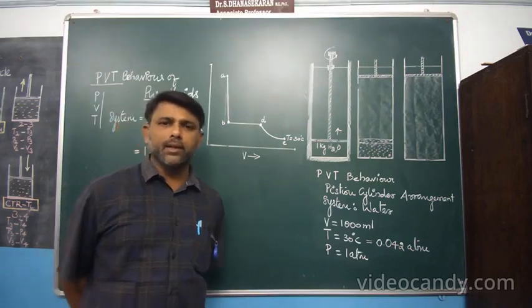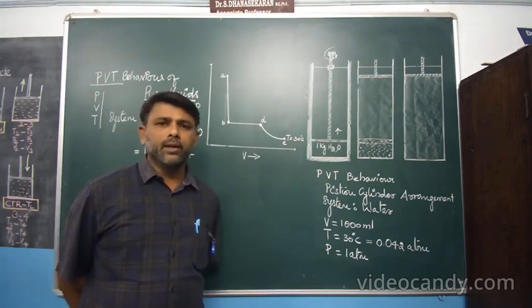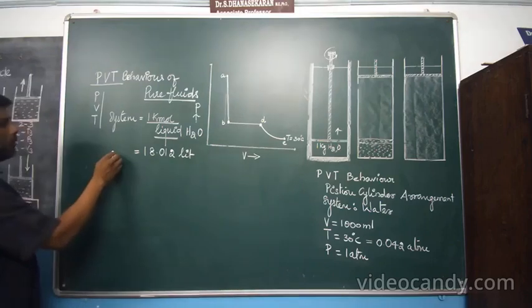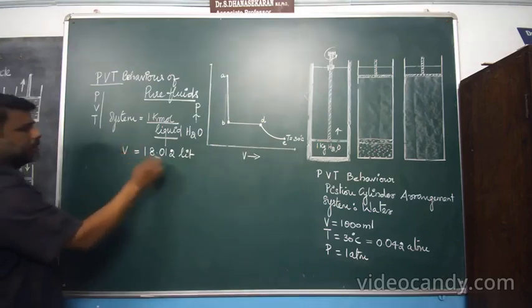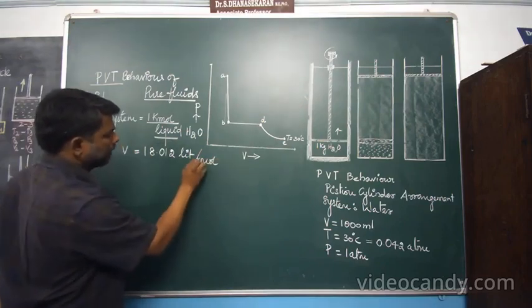From the density calculation, I can say that 1 kmol of water is 18.012 liters. So this is the molar volume, liter per kmol.